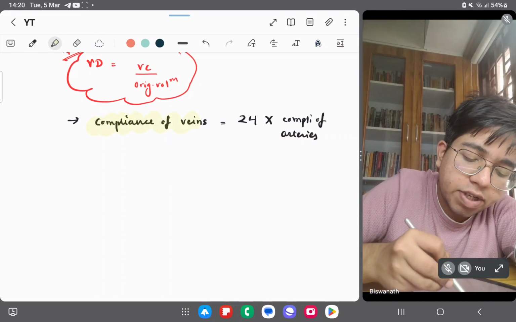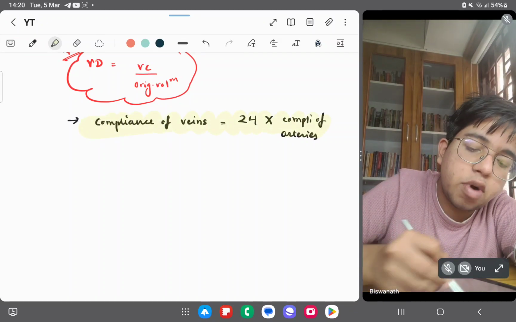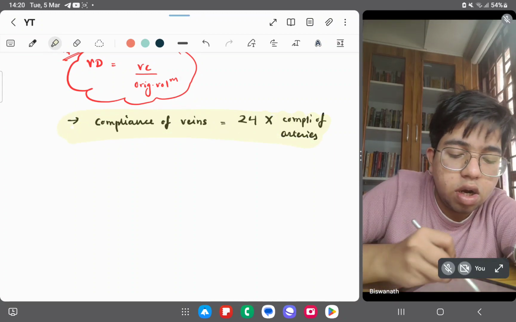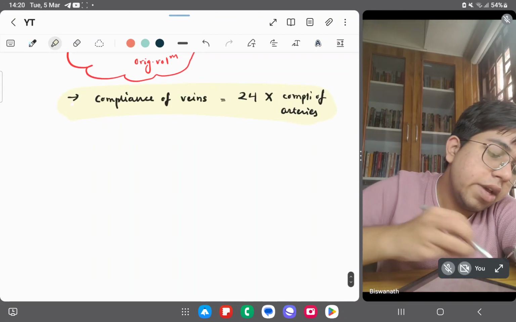This is an important fact, or you can remember it.